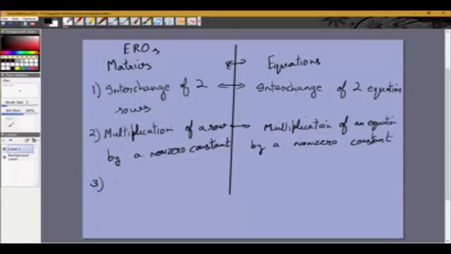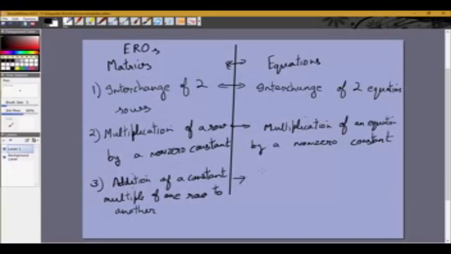And the third is addition of a constant multiple of one row to another.